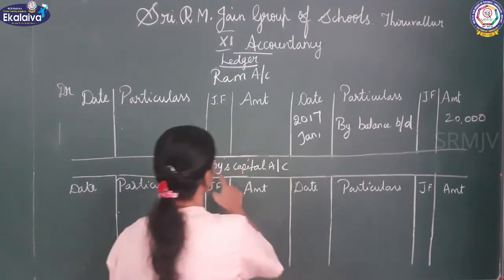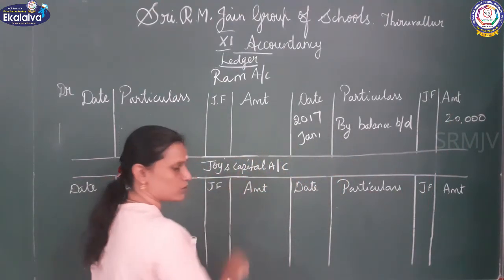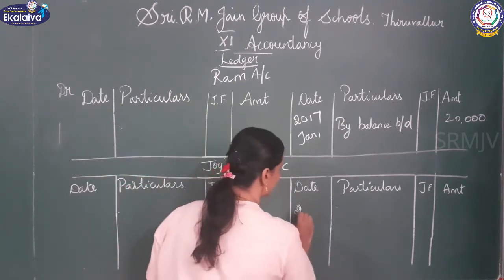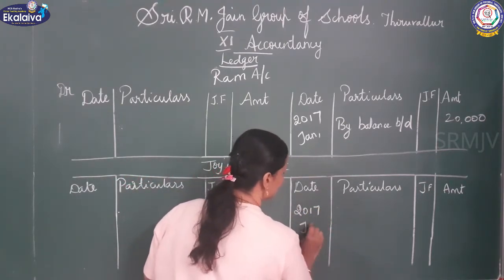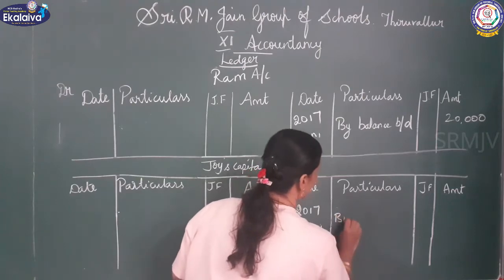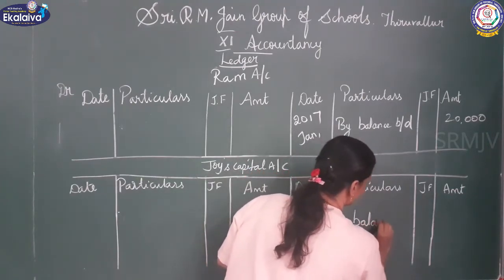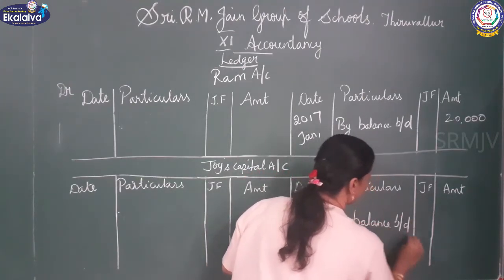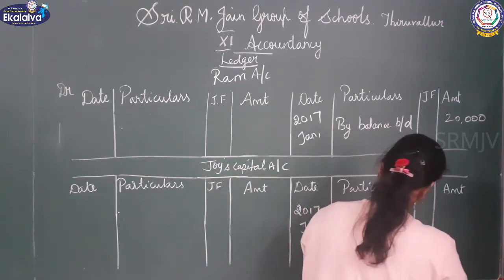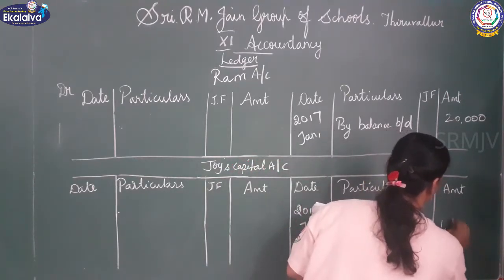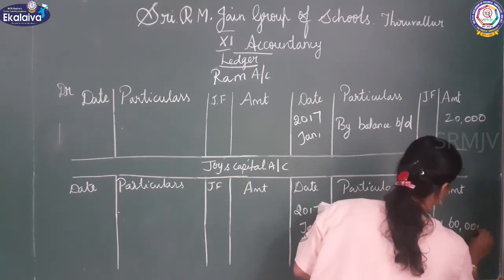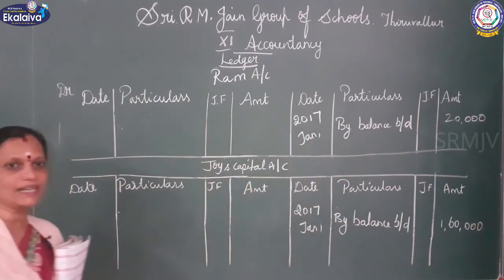And then Joy's capital account, capital is also a liability, so the opening balance should come on the credit side. January 1st by balance brought down, how much? 1,60,000, isn't it? 1,60,000. Okay, copy this, children.